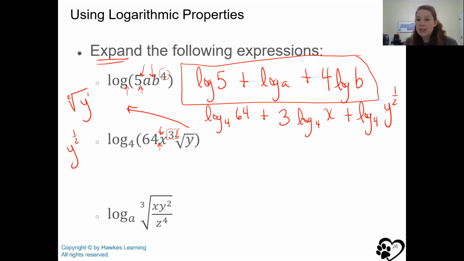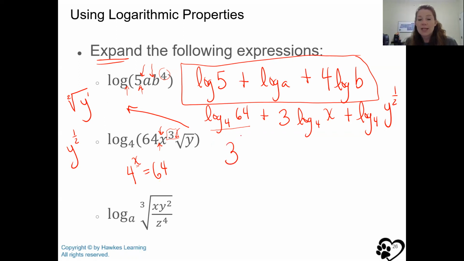Now there's a couple of things we can do. So let's look at just this right here. If we take that base of 4, what exponent would we need to equal 64? What would be the exponent of 3? So log base 4 of 64 is equal to 3.